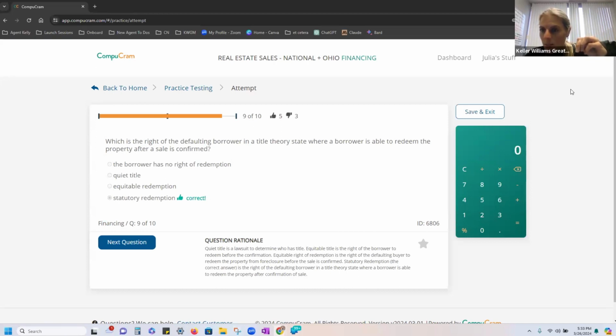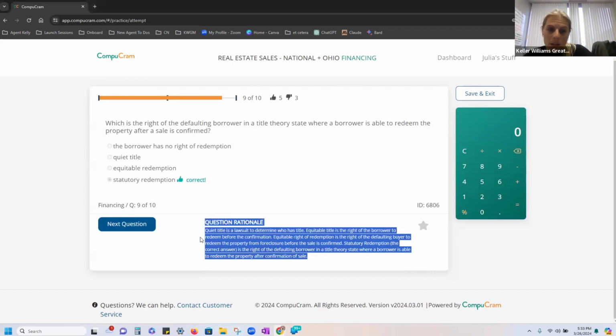The explanation prior says a statutory redemption occurs after the sale has been finalized, as this is recognized only in those states that have extended the right of redemption to include the period after sale. So only certain states do this after the sale. So the statutory, yes, good point, is after sale. Yeah, that was a tough one.